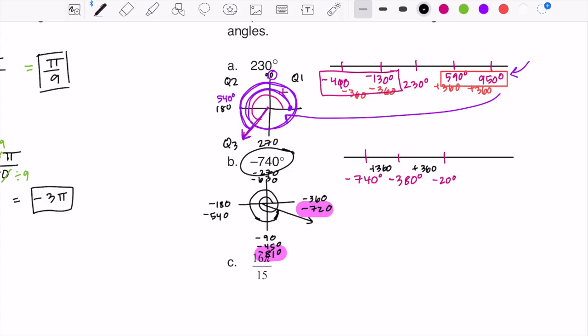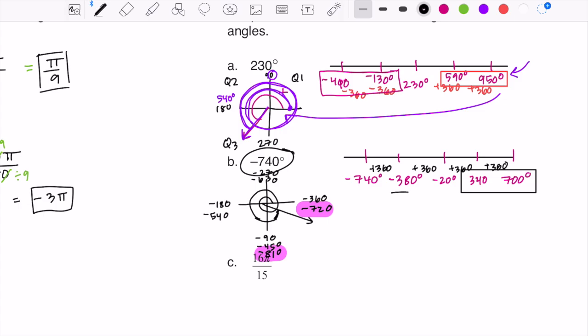But we need two positive and two negative, so I better add another 360, which gives me 340. And then I'm going to add another 360, which is going to give me 700. So right now, I know my nearest positive angles are these two.